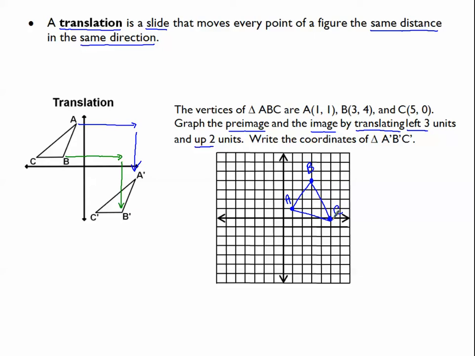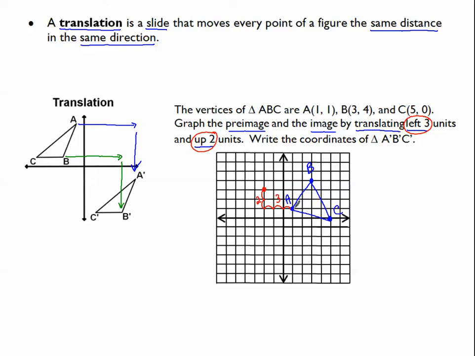Now we're going to slide left 3 and up 2 to translate. So each point will do the same thing. Left 3 units. So from point A, we go 1, 2, 3 to the left, and up 2 units, 1, 2, up.